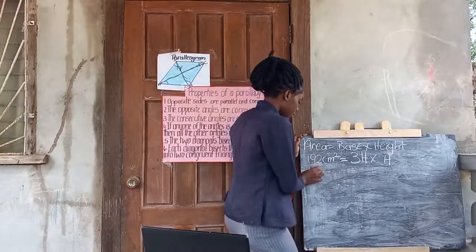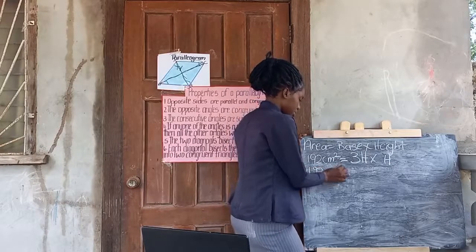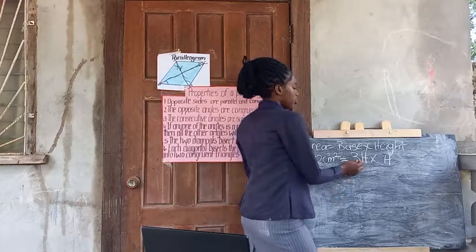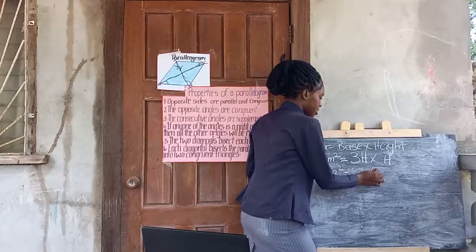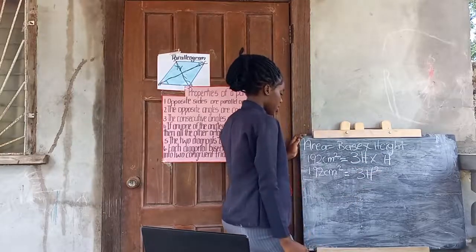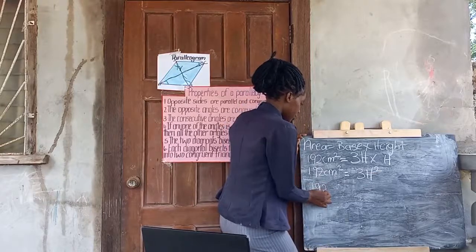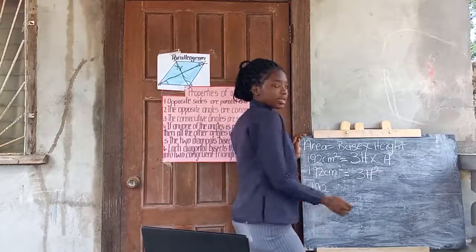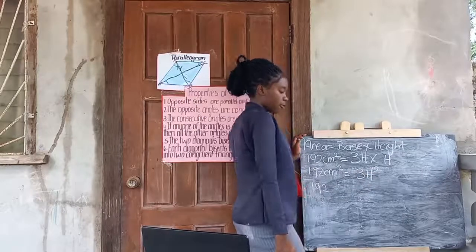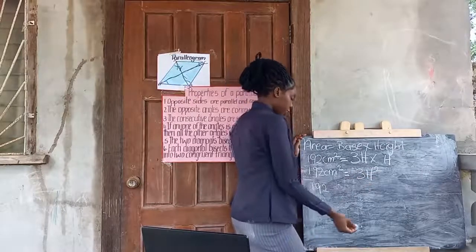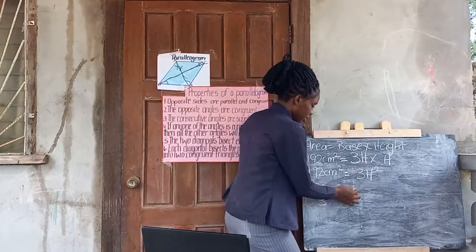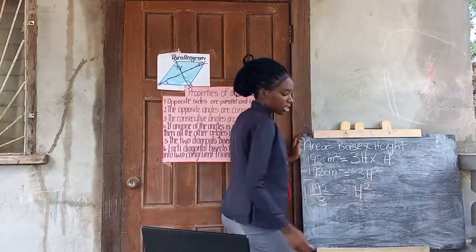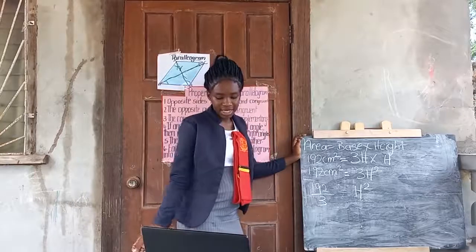So 192 centimeters square is going to equal to h multiplied by 3h, which gives us 3h squared. Okay? So 192. Since we want to make h the subject of the formula, we'll first move the 3. So it's going to be 192 divided by 3 is going to equal h squared. Is everyone seeing that?